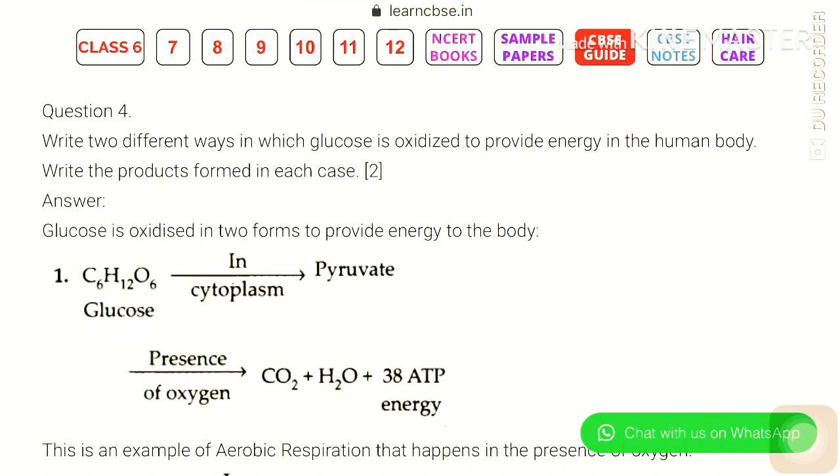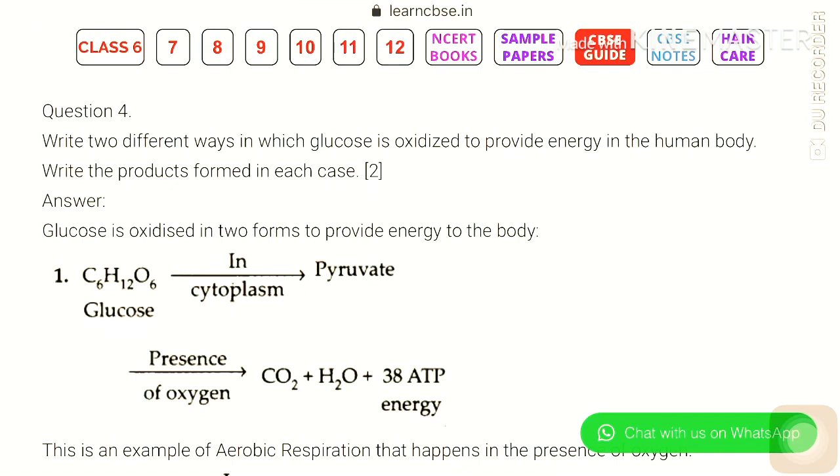Next, question number 4. Here the two different ways in which glucose is oxidized to provide energy in the human body are asked. So you can write C6H12O6, which is glucose, in the presence of cytoplasm in the human body.